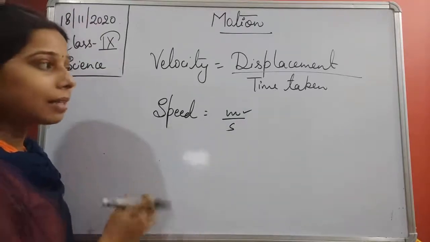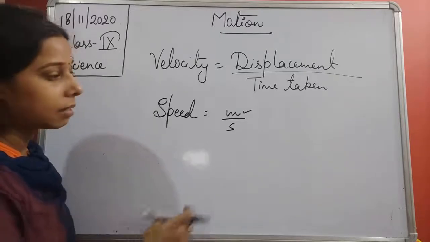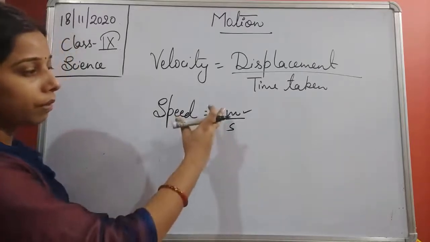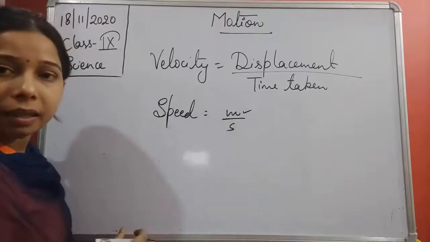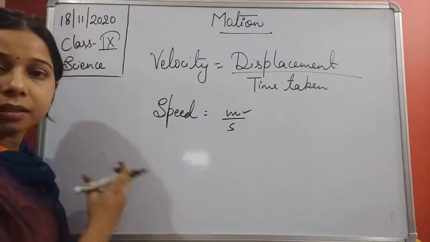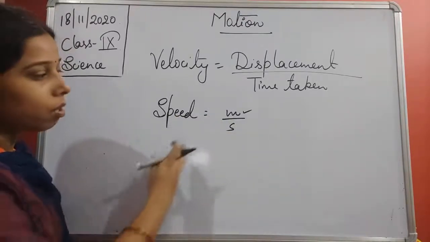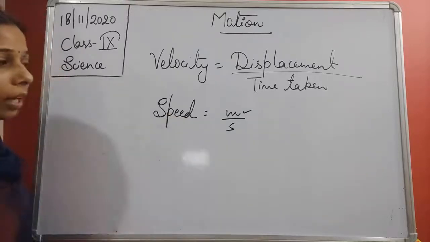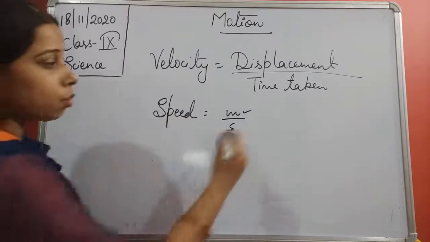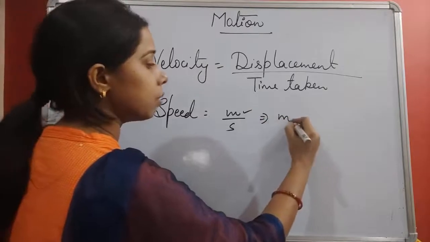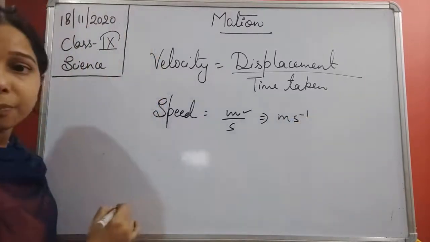The SI unit of distance is meter, so we will mention meter here, and time taken is represented by second. The SI unit of time taken is second, represented by s. So we can also write it, speed is equal to meter per second.